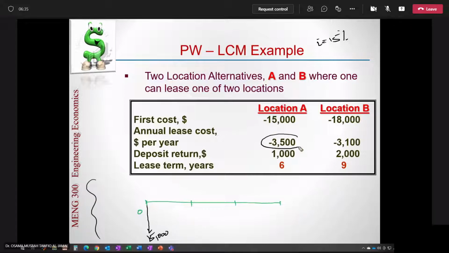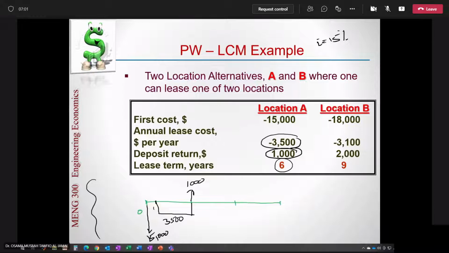Negative 3,500 annually from year 1 to year 6, 6 payments for 6 years. Then I have that deposit return 1,000. Are we done? Now we need to go for the second cycle.